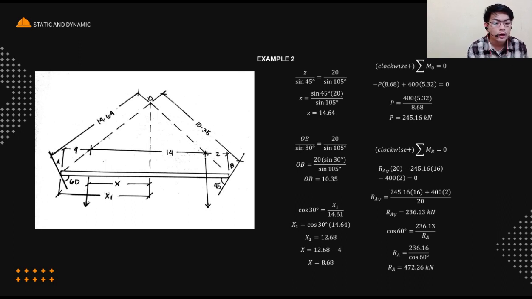To get our RA, we use cos 60 degrees, which is the original angle, equal to 236.13 as we computed earlier, divided by RA. Cross multiplication leads us to RA equal to 236.13 over cos 60 degrees, which gives RA as 472.26 kilonewtons.